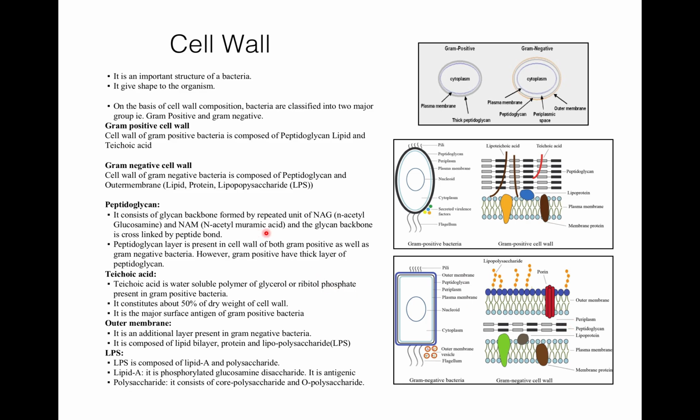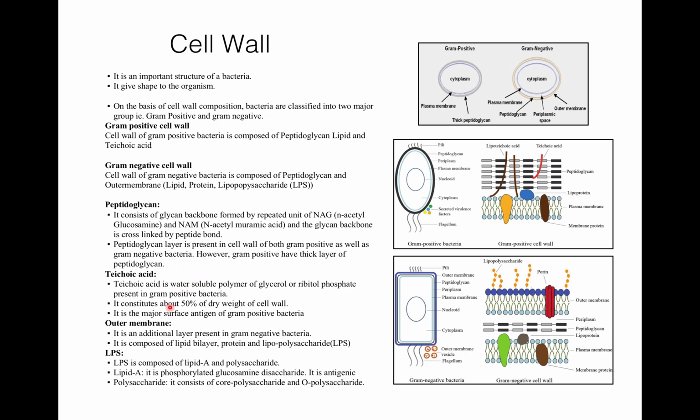It is more abundant, up to 80%, in gram-positive, and in gram-negative peptidoglycan is only 3 to 12% of the cell wall. Rigidity of the cell wall of gram-positive is high due to the high amount of peptidoglycan, but the cell wall of gram-negative is elastic due to lipoprotein.